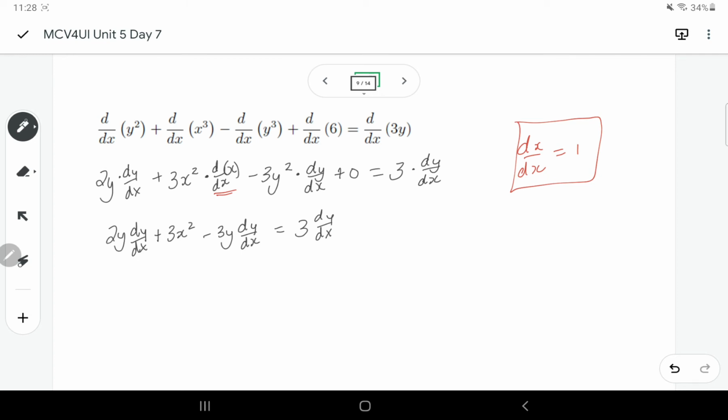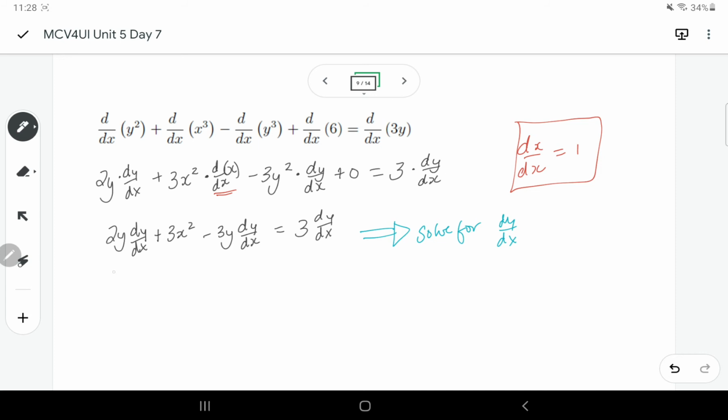So what I want to do here is to solve for dy/dx. I want to find the derivative of this function y in terms of x. So I'm just going to do some algebra here and isolate it.